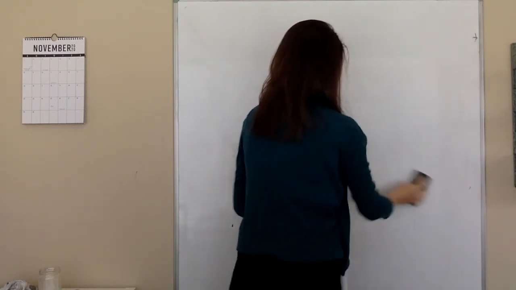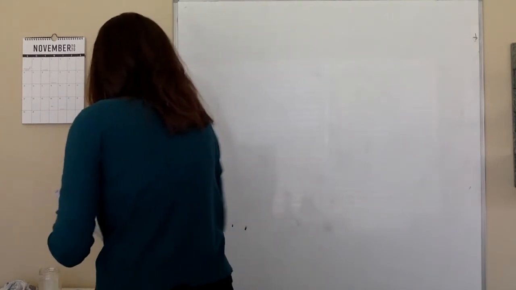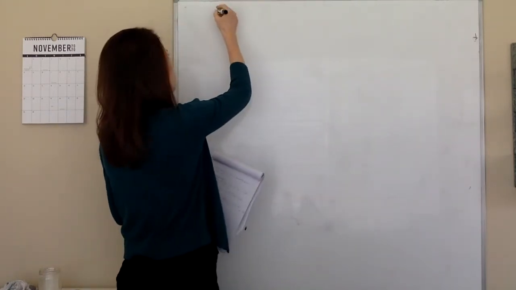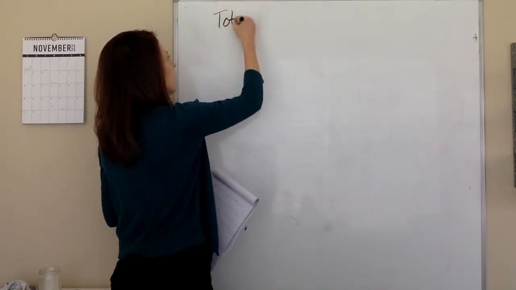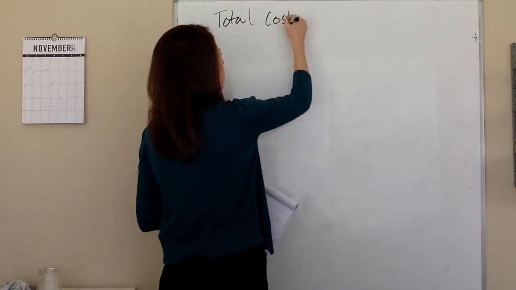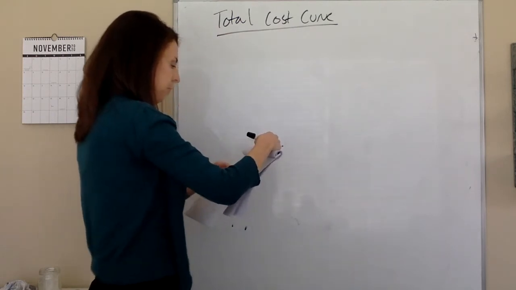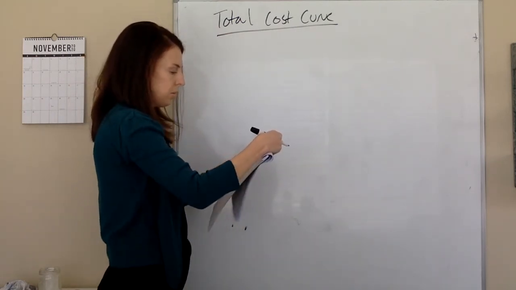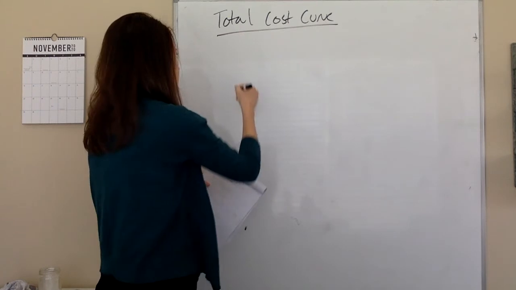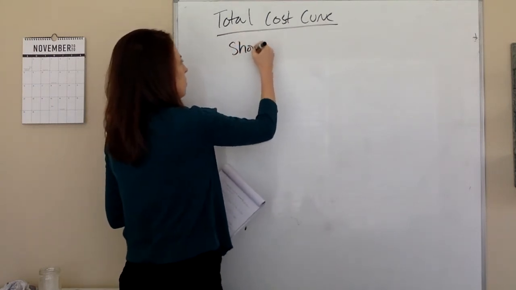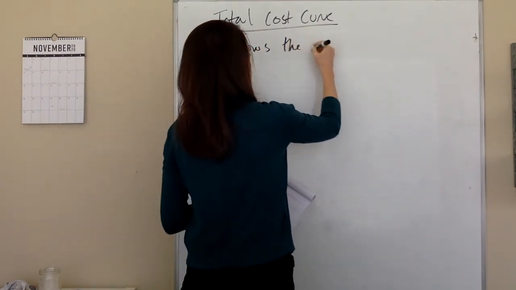And when we do so, we get a curve. Okay, so the total cost curve is going to show the relationship between the number of units of output that are produced and total costs.